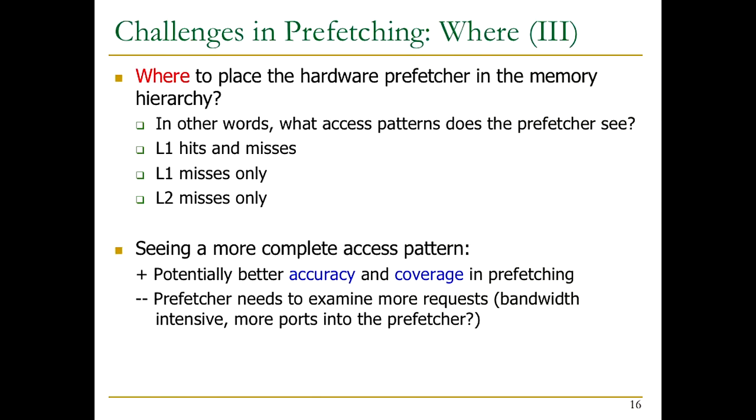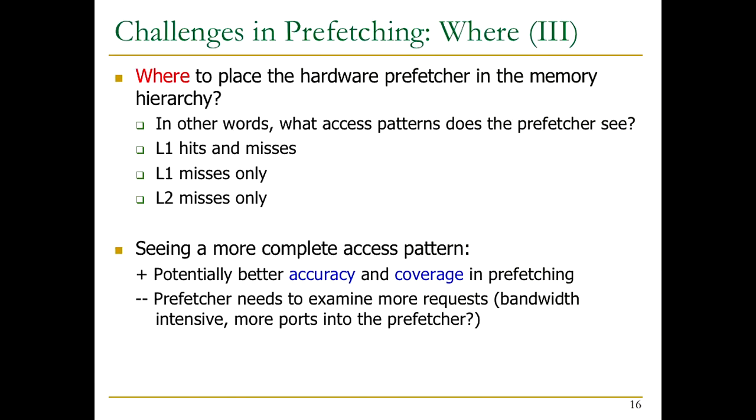Now the downside is the prefetcher needs to examine many more requests, right? Every single load or store now goes to the prefetcher. But if you see a less complete access pattern, you can make the prefetcher simpler, but you may actually lose accuracy and coverage because you don't see everything that the processor demands.